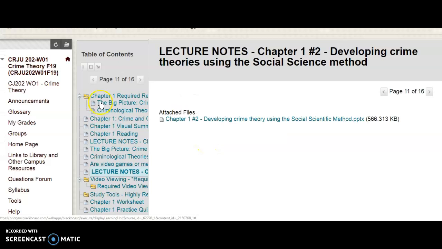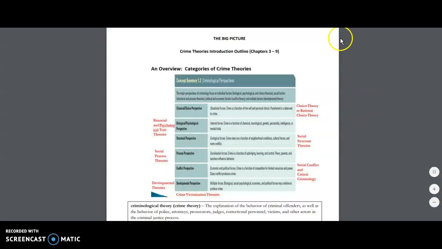To get you oriented to crime theories, you are required to open and use the Big Picture Crime Theories Introduction Outline, which is in Blackboard.